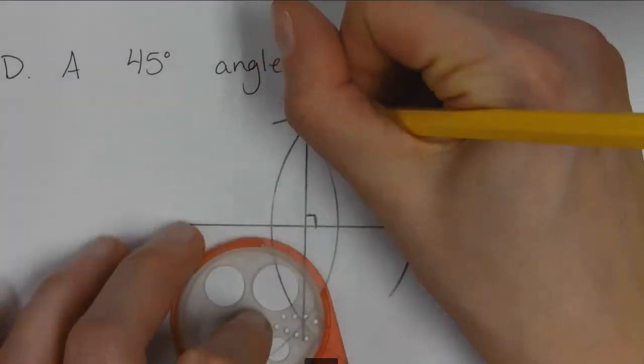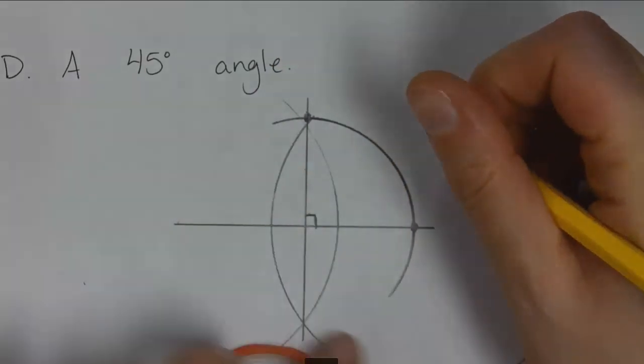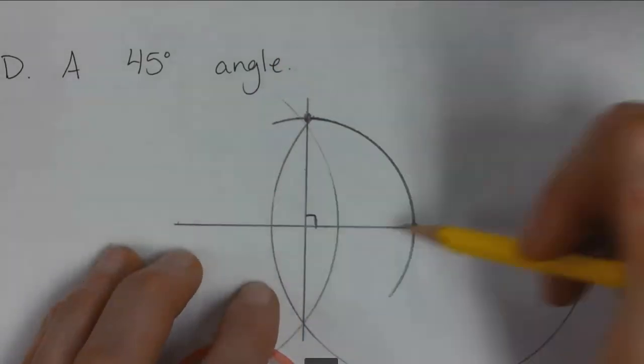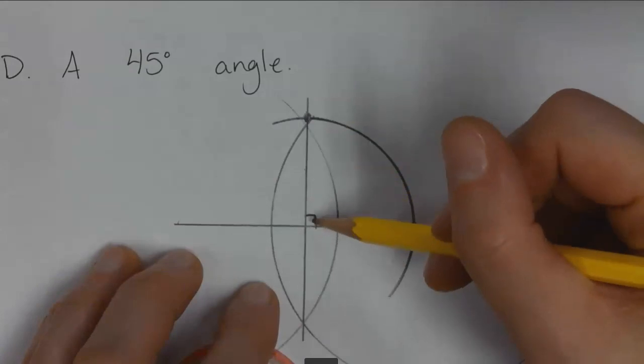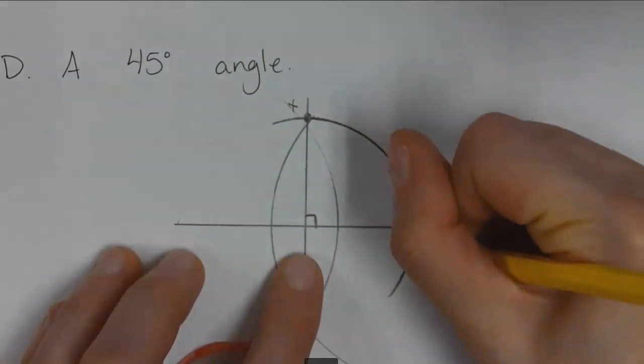I've created 2 new points, and try not to get too confused by the extra ones. You can always get rid of these extra circles once you're done with your original task, like getting that 90 degree, but I'm going to leave them for now. I'll call these 2 X and Y.